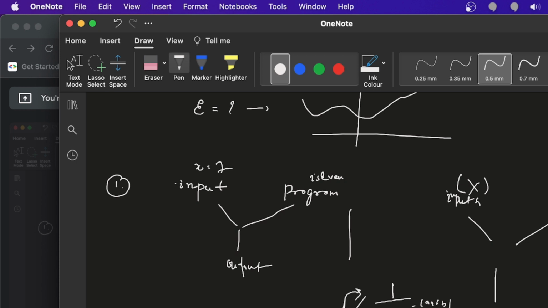This equation is a model. Before getting the program, you have decided how your function looks. This is called the linear function, this is called the quadratic function, and this is called the exponential function.